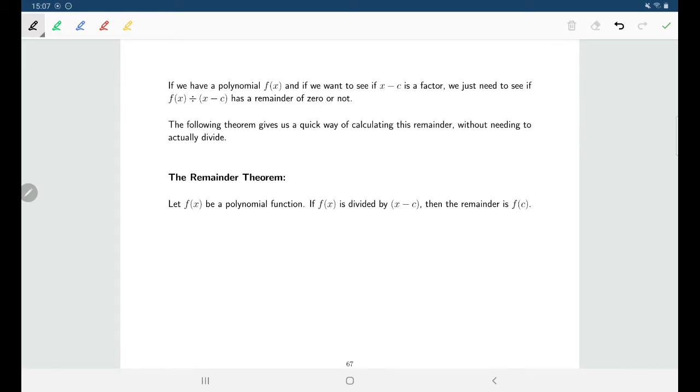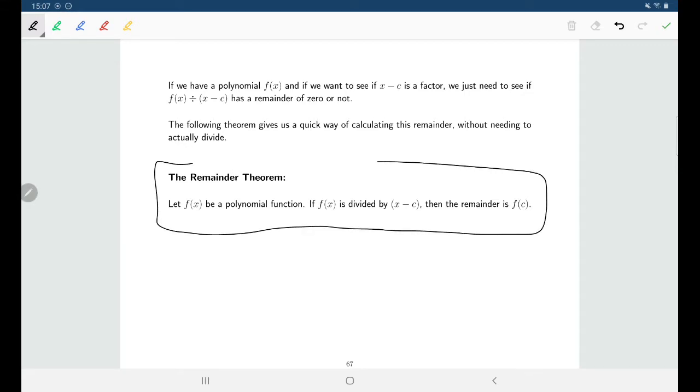As it turns out, there's an easier way to find out what the remainder is without doing division, and that's the remainder theorem. The remainder theorem tells us that if you have a polynomial function and you are interested in dividing that polynomial function by x minus c and finding out what the remainder is, that would be the same thing as just evaluating your function at c.